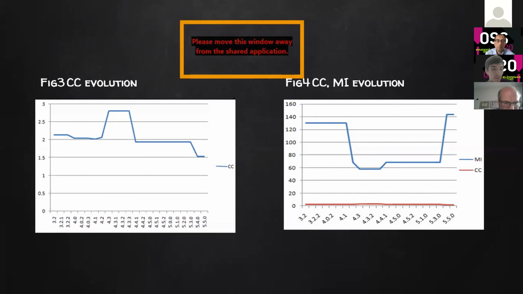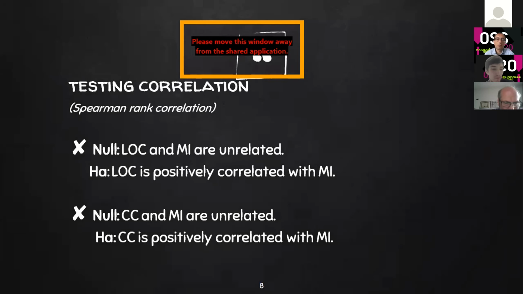On the latest versions, CC tends to get lower when MI tends to get higher. Having said that, we went further with our investigation.